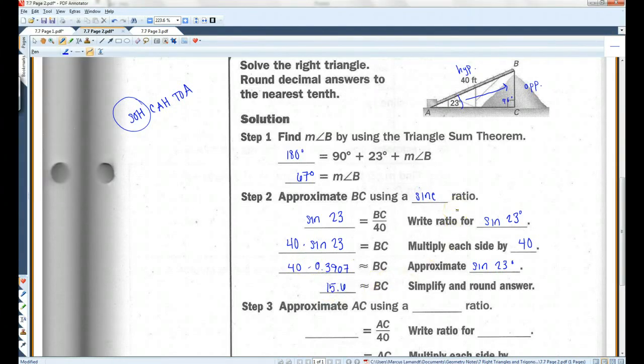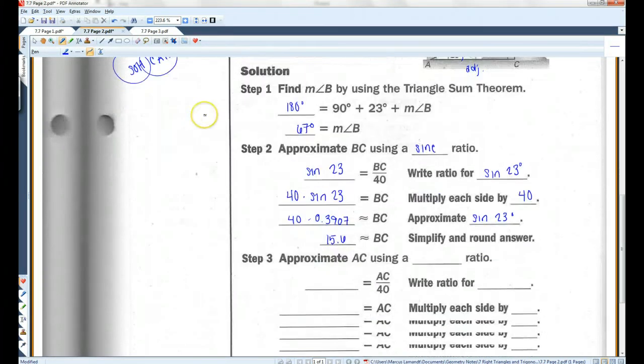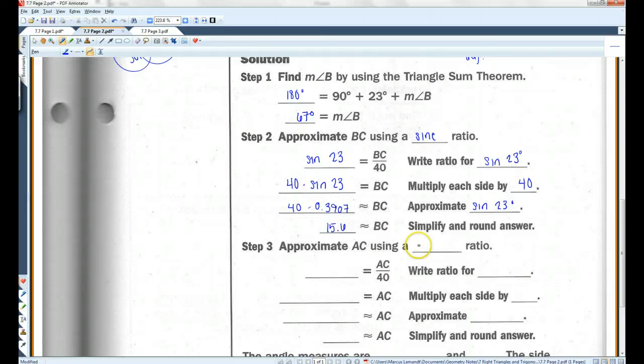Okay? Now let's look at AC. AC is the adjacent side. So, adjacent side, and we're given the hypotenuse. Adjacent hypotenuse, we're going to use cosine here. So, approximate AC using a cosine ratio.